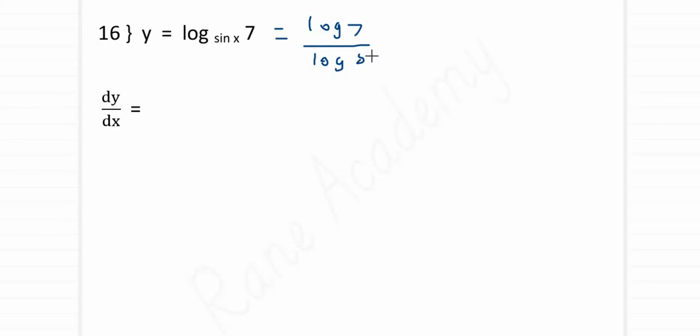Now this can be further written as: log 7 is a constant, so it will remain as it is, and we have log of sin x whole raised to minus 1. So it is a power function.